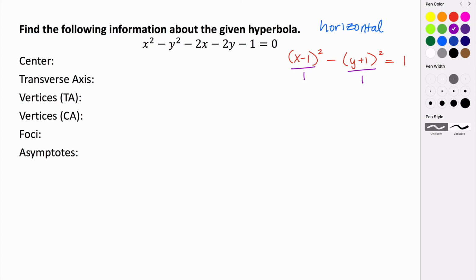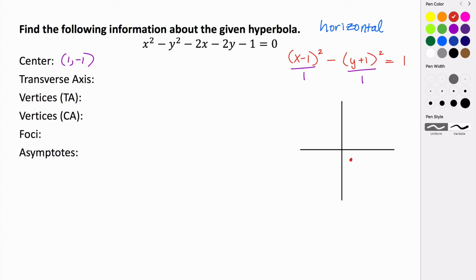So what is the center of this hyperbola? Well, the x-coordinate is +1. The y-coordinate is -1. So remember, when finding the center, you take the opposites of these values. The transverse axis is going to be horizontal to the x-axis, and it's going to go through the center. So the center is somewhere over here at 1, -1.